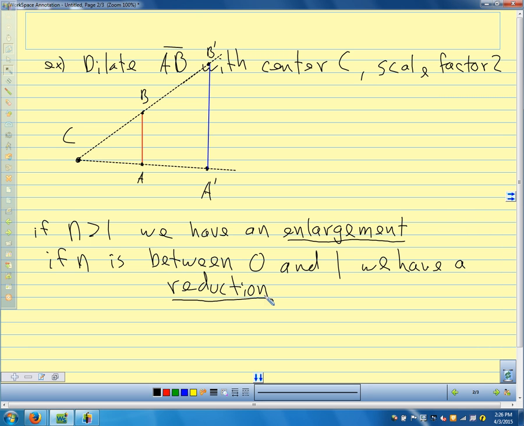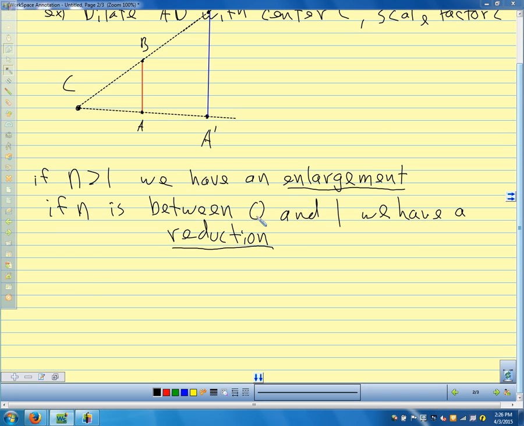Now, just like we talked about yesterday with the rotations, where we did the one rotation where we measured all the angles, and we decided that would be kind of tedious, well, there's a shortcut for dilations also. In our book, all of the dilations will have 0, 0 at the center.